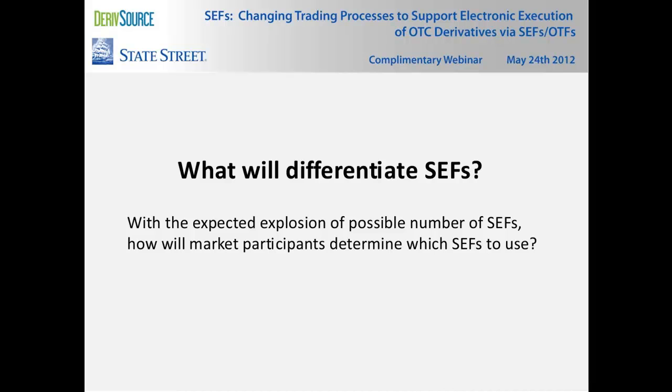The second bucket would be the trading model, the market protocols. Is this a SEF that focuses on central limit order book, CLOB, execution, or is it more of an RFQ model, where a user will RFQ, say, one to three users? Are there streaming quotes coming for benchmark securities, or do those have to be requested and directed to specified dealers or liquidity providers?